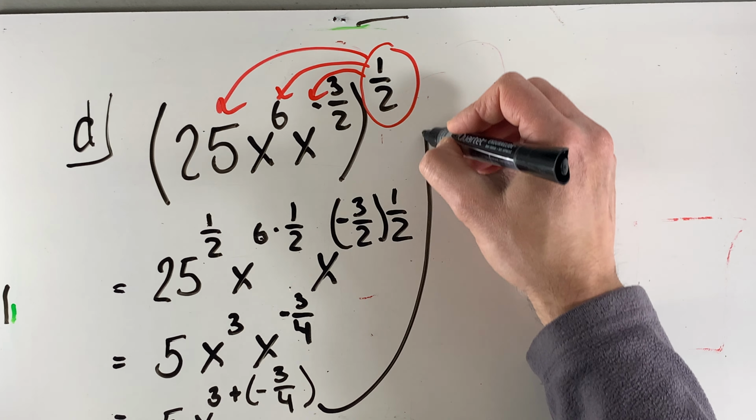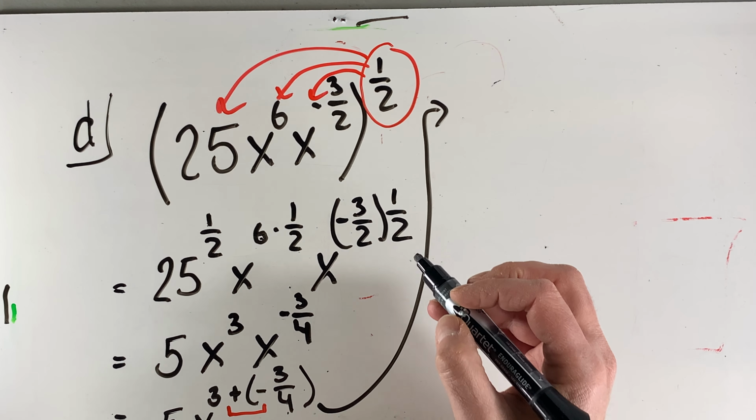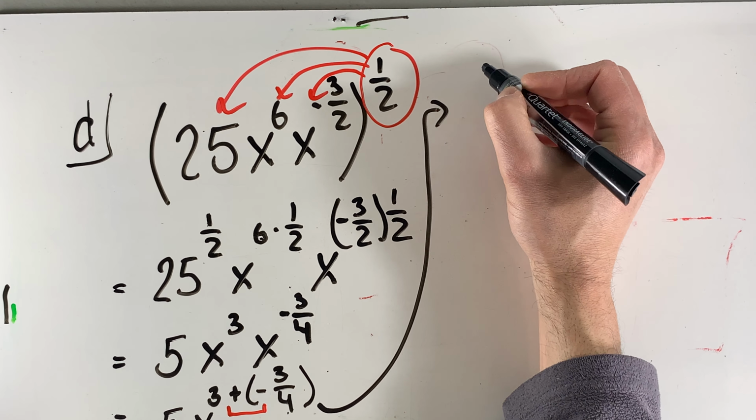I'm going to continue up here. Now, if we take a look at the exponent, we're adding, or actually it's going to become subtraction because plus and minus is minus. So we're going to be subtracting those exponents. Remember, when you're subtracting numbers that involve fractions, you need to have a common denominator. So I'm just going to deal with the subtraction here.